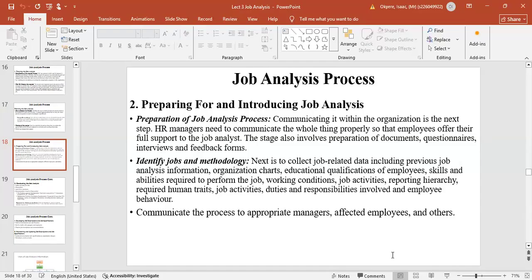Now, you also need to collect information. You collect organizational charts. You collect some of the skills and abilities that people are expected to possess before you start with the job analysis.